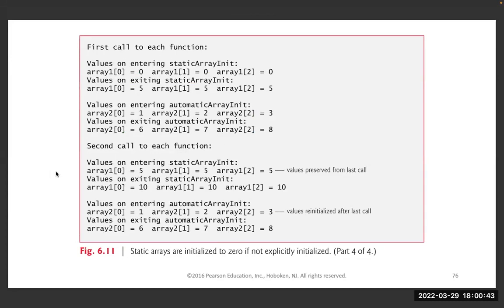So this also shows that for the static array, the second time, we get 3 of the 5. These values are preserved from the earlier call. Then the automatic array is just re-initialized.